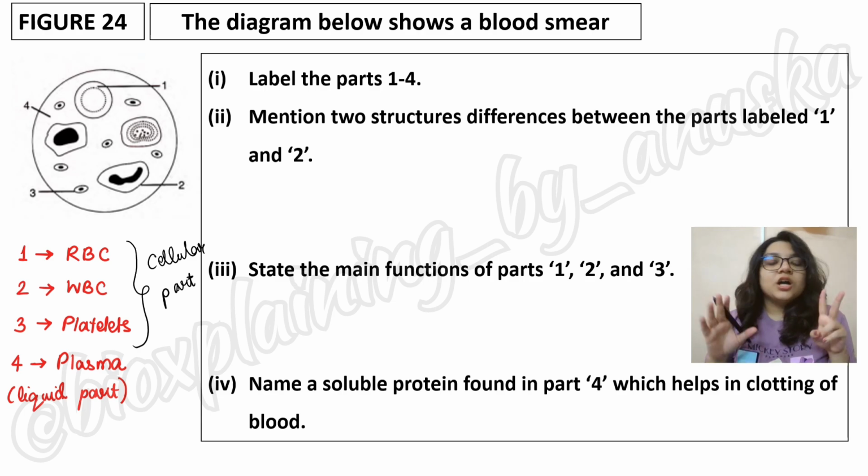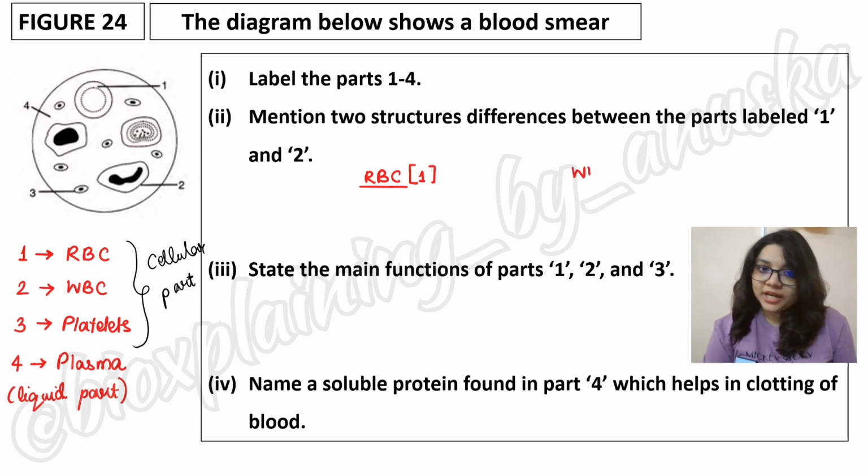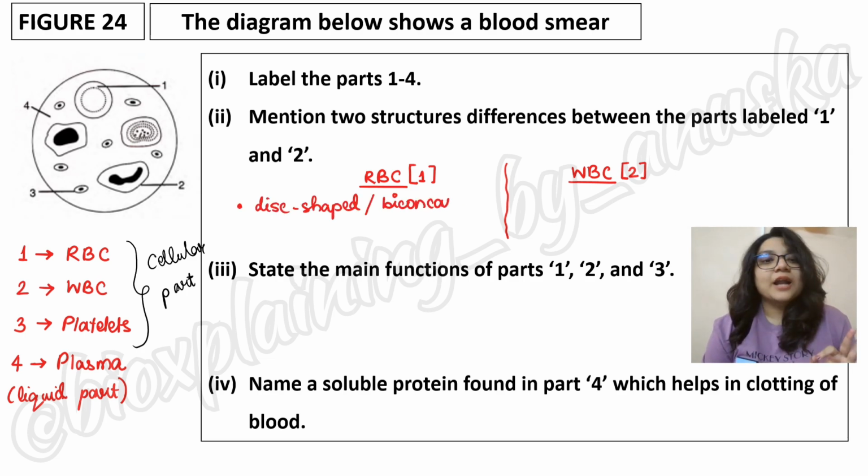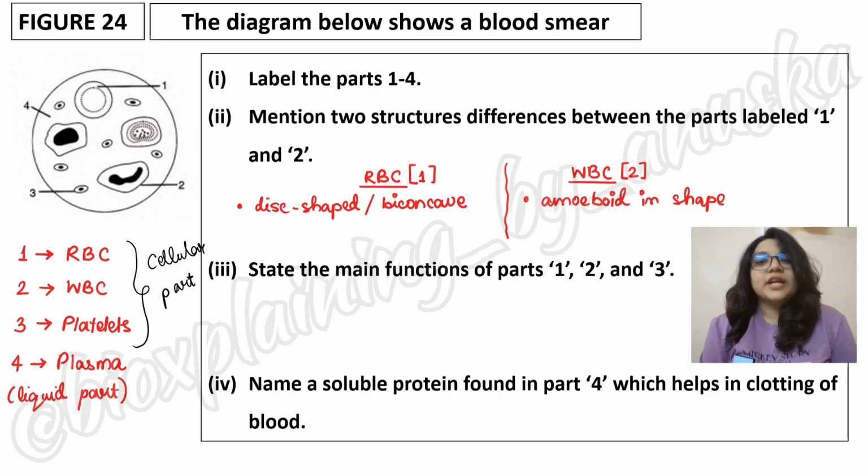Clear till now? Structural differences between 1 and 2. Let's have a look. So your RBC is part number 1 and your WBC is part number 2. Let's differentiate between the two. First point we can take is that RBCs are disc shaped or biconcave, right? Talking about the WBCs, they are amoeboid in shape, that is, irregular in shape.